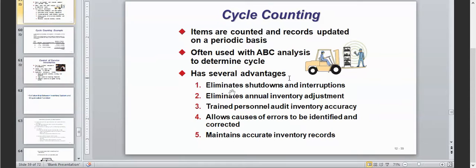But when the officer from the production department asks the material planner to withdraw a certain amount of inventory from the stock room, of course we will approve based on the record that we have.